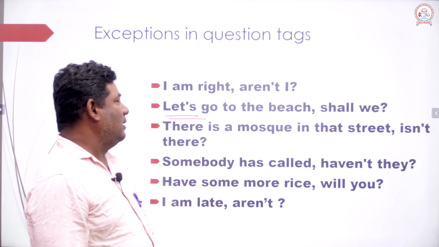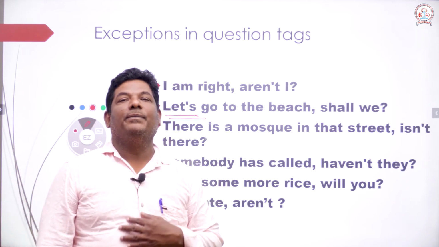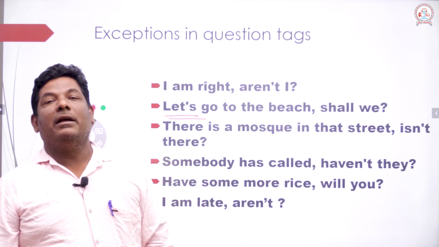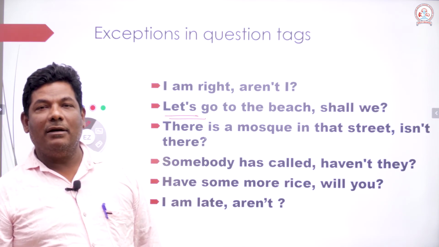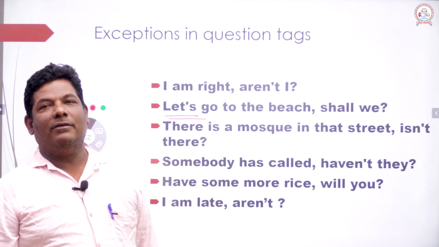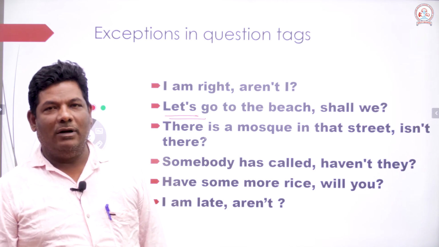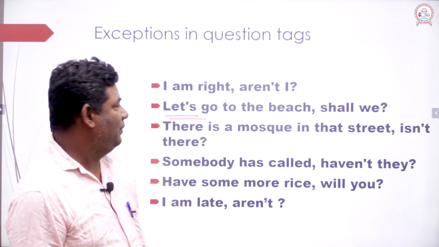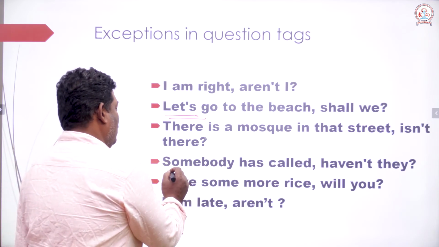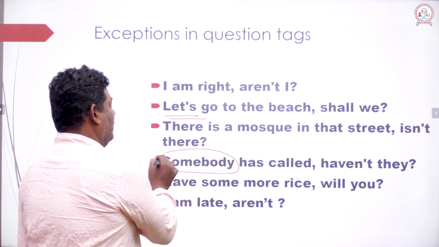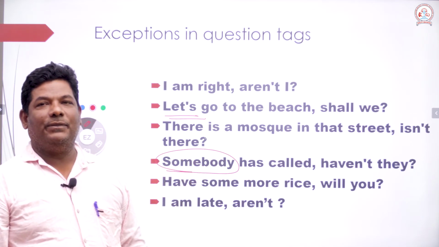So, there is a mosque in that street, isn't there? We are not writing it, we are writing there only. Somebody has called. How to write the pronoun for somebody?